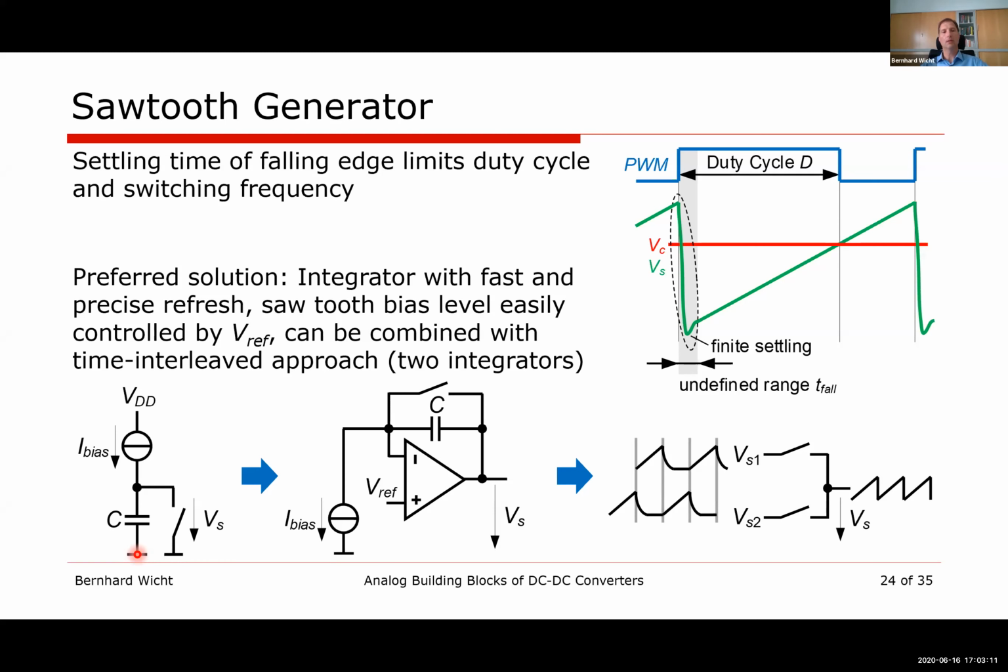Could be, but usually it's better to use an active integrator circuit, which allows us to set the start point of the ramp by the reference voltage. The reference voltage is at the same time buffered since it goes to the non-inverting input of this op amp here. So that works quite nicely.